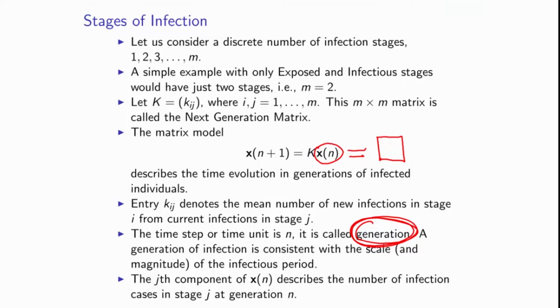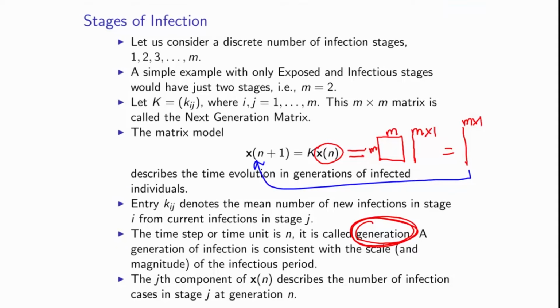You have a square matrix K with m rows and m columns, you multiply it by a vector that is m by 1, and this gives you a vector which is m by 1. This vector is your new update: the vector with the number of individuals at every stage of infection at the next time step. But what is the meaning of that vector x of n, or x of n plus 1?